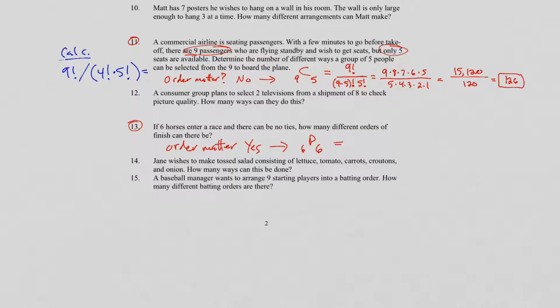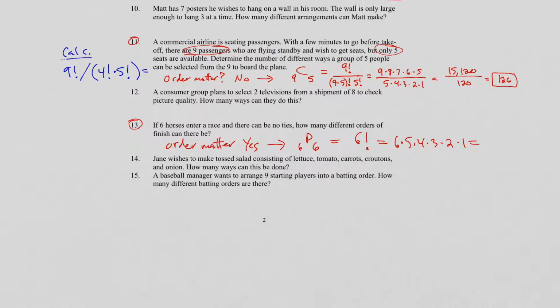If you're going to use all of them, then it's basically just 6 factorial. Remember, the number on the right tells you how many you're going to use. And if you're going to use all of them, then that's the definition of factorial. Just use the 6 factorial button on your calculator, or go ahead and just type this in your calculator if you don't have that. And don't worry about the 1 either, right?